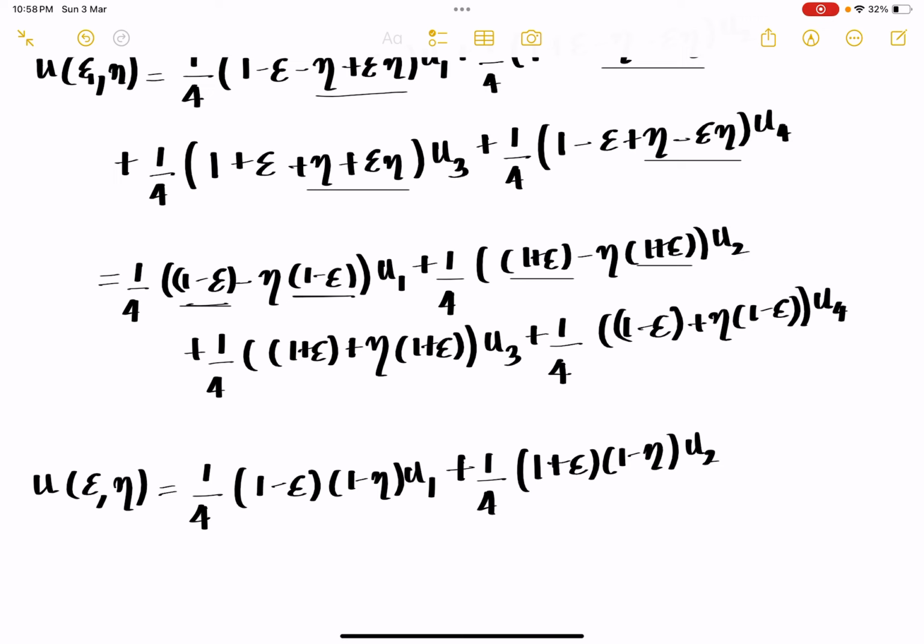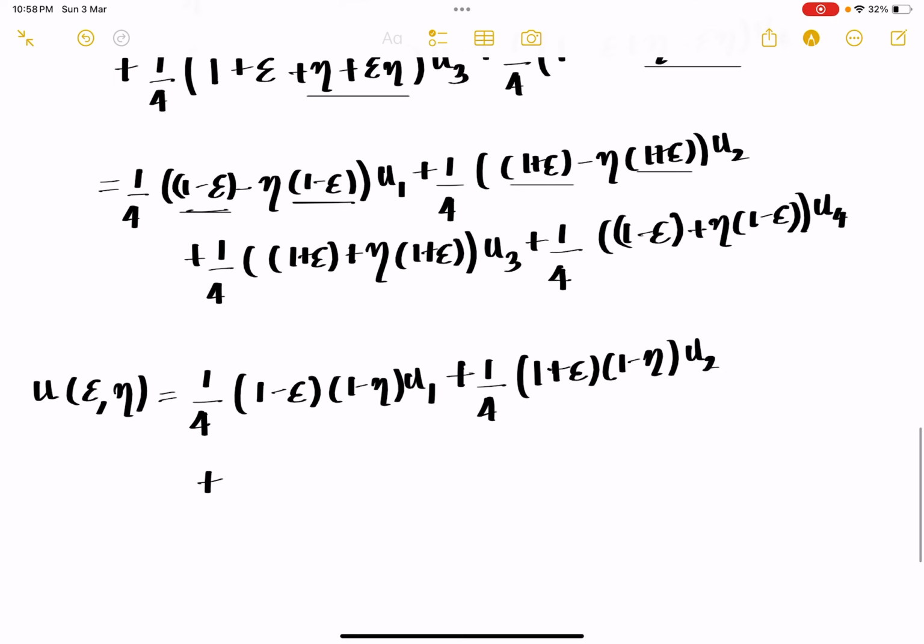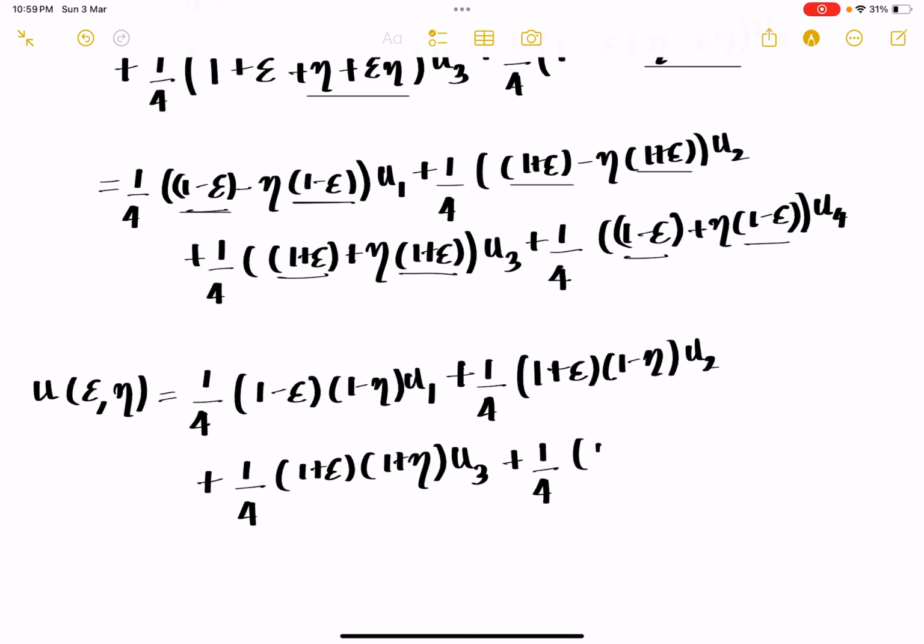And in the next step, if you take this 1 plus epsilon common outside, you get 1 by 4 into 1 plus epsilon into 1 plus eta into u3. And here, if you take 1 minus epsilon and 1 minus epsilon outside, you get plus 1 by 4 into 1 minus epsilon into 1 plus eta into u4.